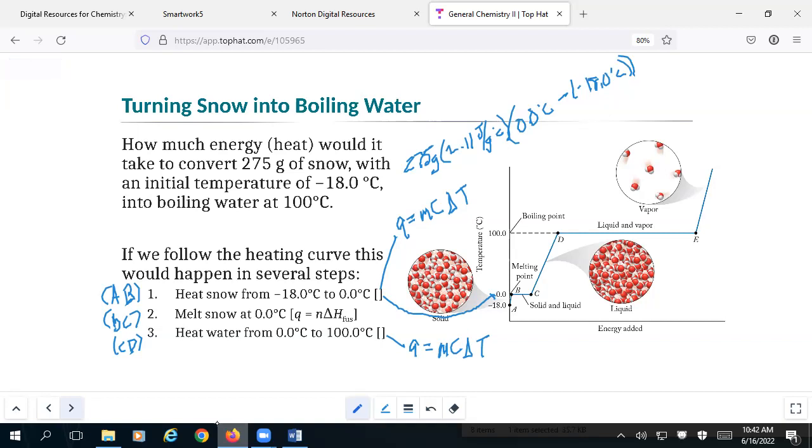So the change in temperature was 18 degrees. 275 times 2.11 times 18.0 would give, to 3 significant figures, a positive 10,400 joules.